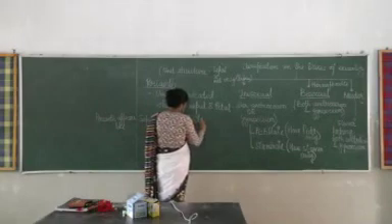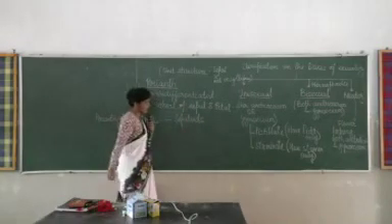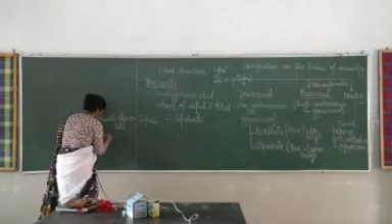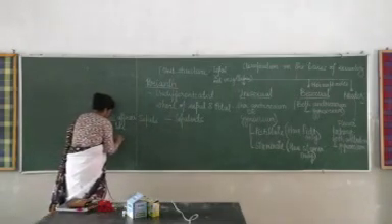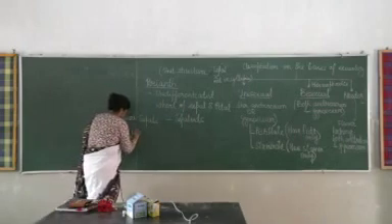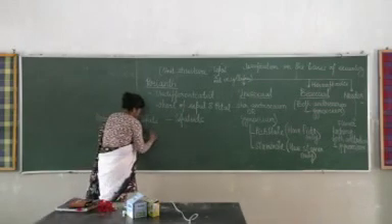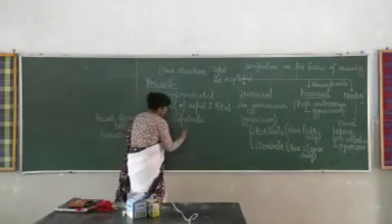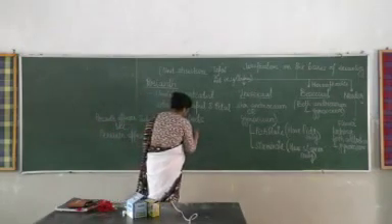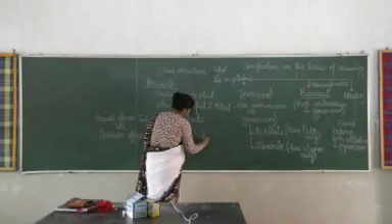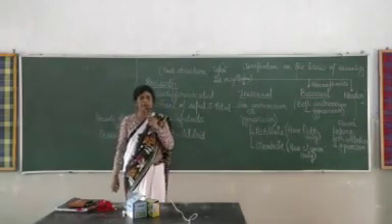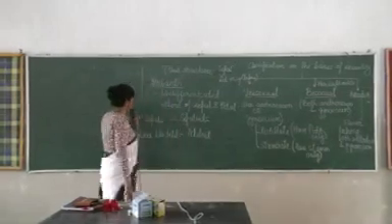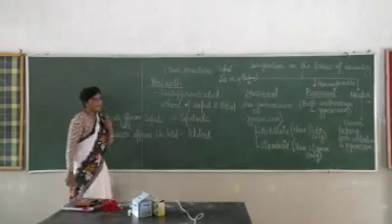Easy terms, we call them as sepaloids. Is it all right? And if the perianth appears like petal, we call it petaloid. Sepaloid, petaloid. Is it all right? So undifferentiated sepals and petals.